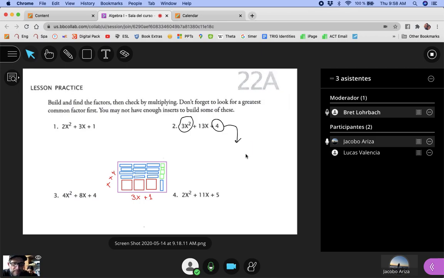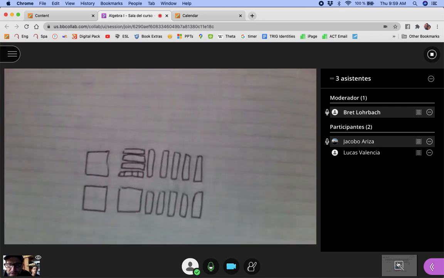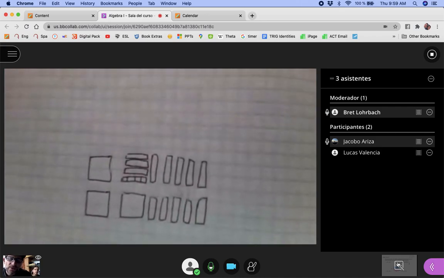Can you see my camera? I did this. No, okay, you cannot do that.